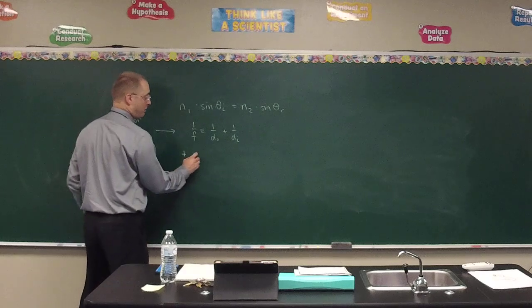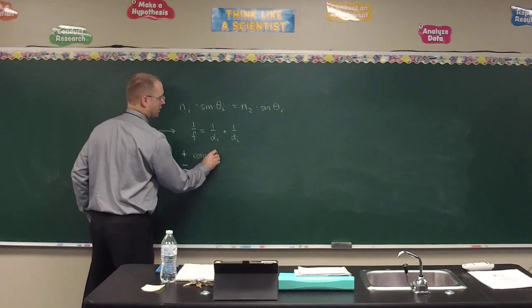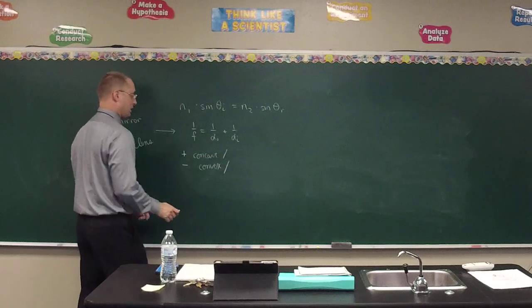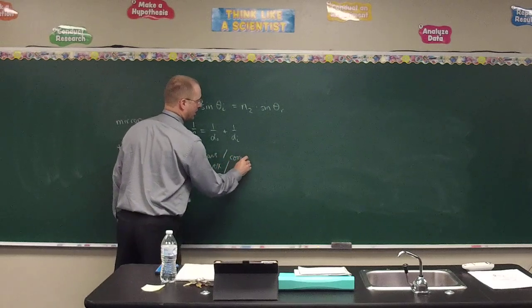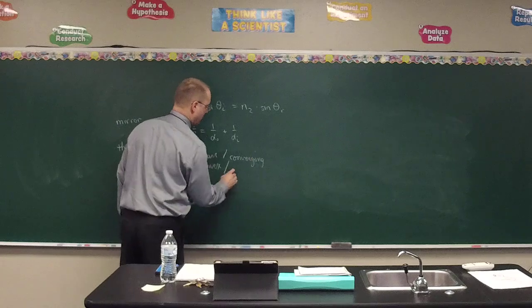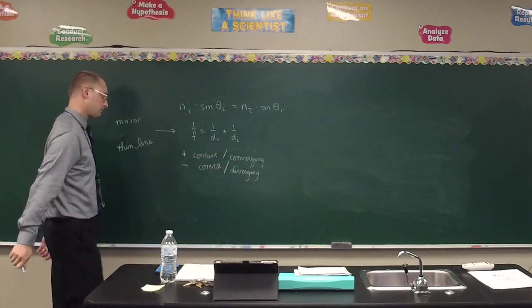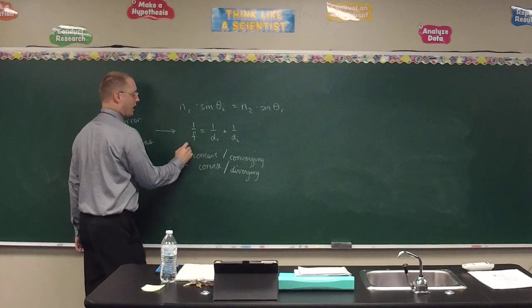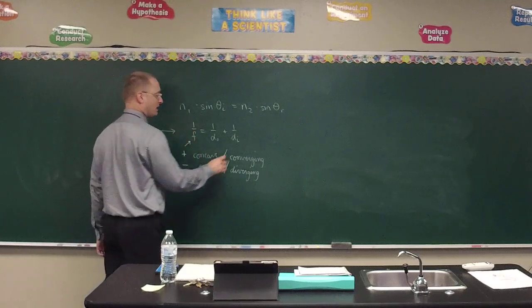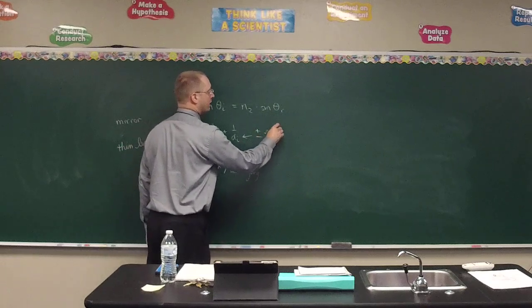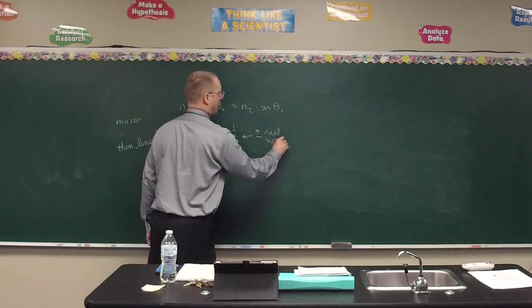For a mirror, positive means concave, negative means convex. For lenses, positive means converging, and negative means diverging. We don't need to worry about the d sub o, it's always positive. For the d sub i, positive and negative always mean the same thing, real and virtual.